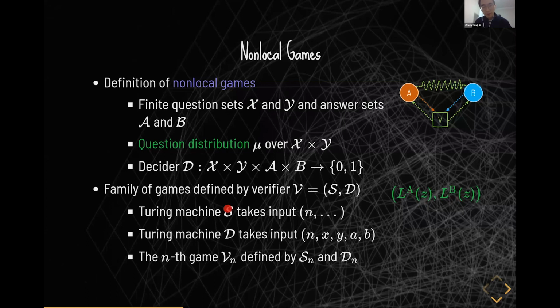So the Turing machine S is taking care of how to compute LA and LB. And then the decider is simply the decider in the non-local game. And there's an N, which is an index, telling which game in that family you are talking about. N will range from 1 to infinity, and the nth game would be the game defined by Sn and Dn, the sampler and decider of this fixed index. So that's some terminology that we'll fix.